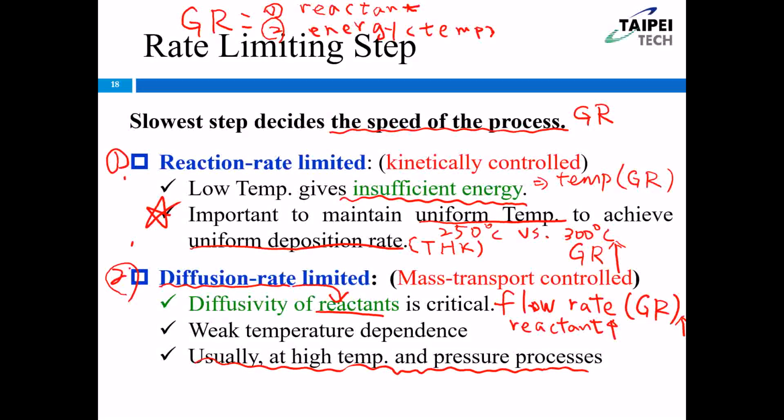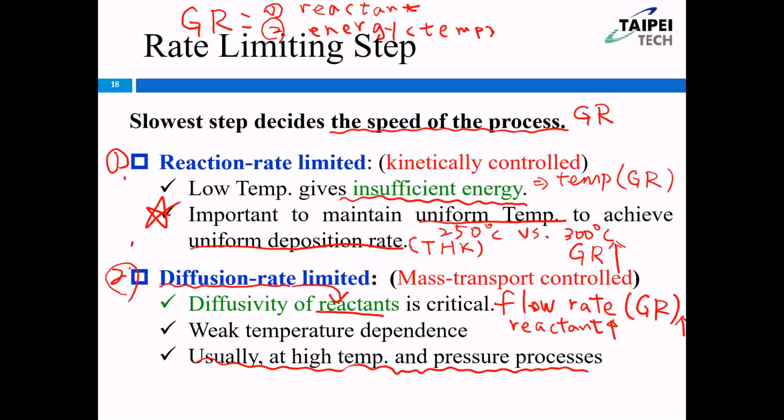Okay. At this moment, temperature is not so important because I already have high temperature, high pressure. We already have sufficient energy. So no matter the temperature is 100 or 150, or 250 or 300, the growth rate doesn't make a big difference.